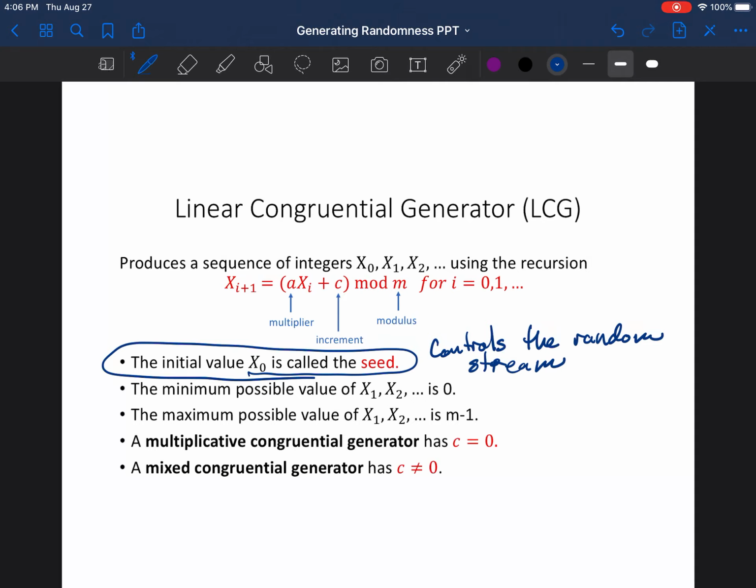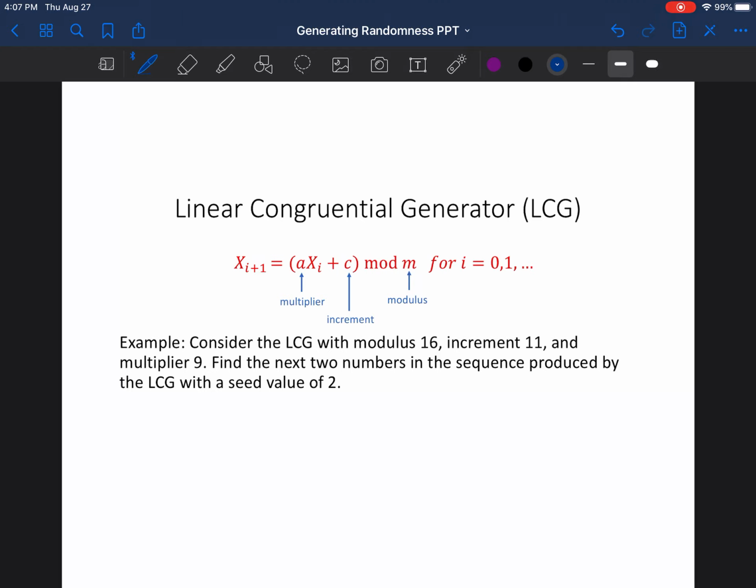Note that the minimum possible value of this is going to be 0, and the maximum is m minus 1. Remember, the remainders cannot be bigger. It can be at most 1 less than the modulus. If we have what's called a multiplicative congruential generator, that just means there's no increment. In other words, c is set to 0. And if we have a mixed congruential generator, it means that c is not equal to 0.